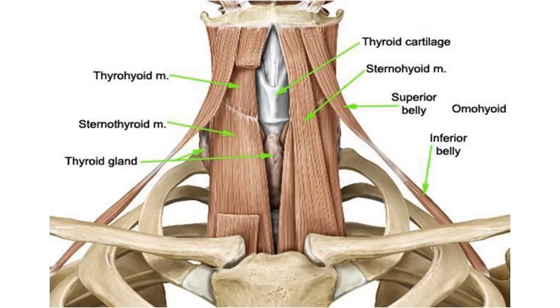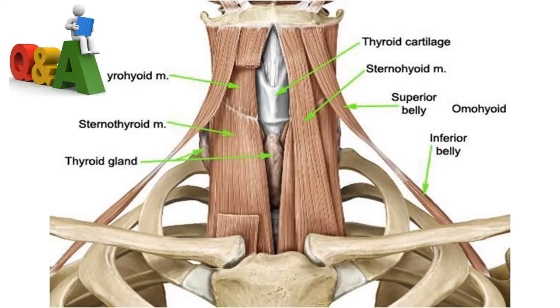We have studied a muscle that has two bellies and a central tendon, and here is another example. This is the infrahyoid area containing infrahyoid muscles, and this is what? This is the hyoid bone, and this is sternohyoid muscle.